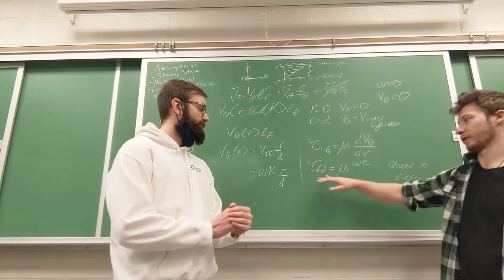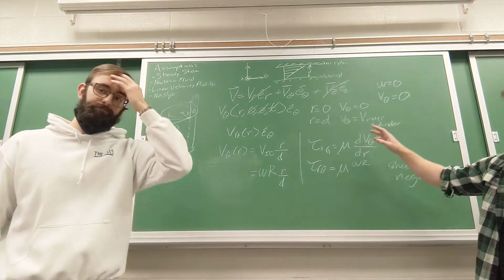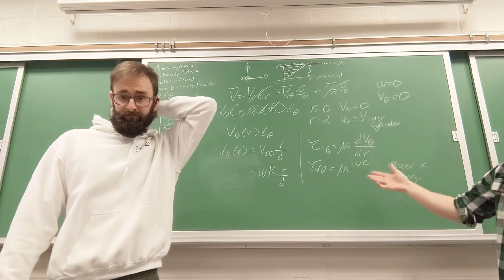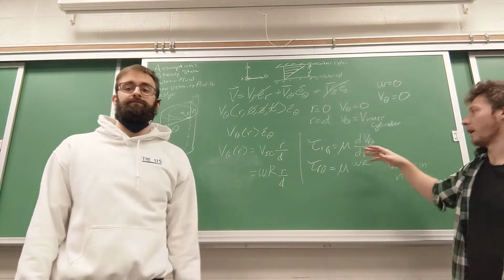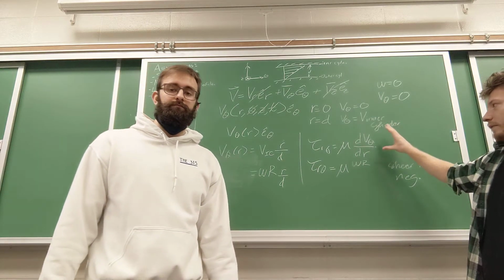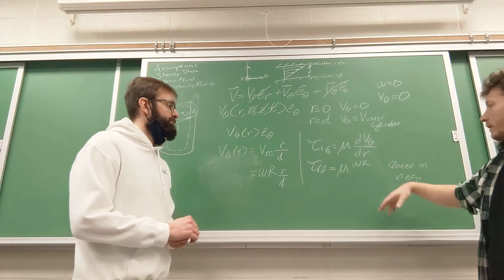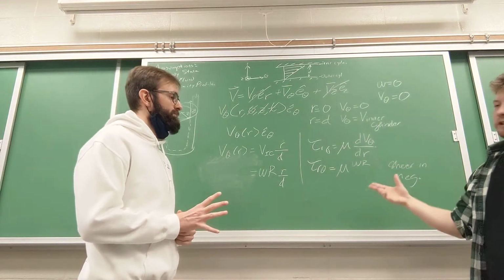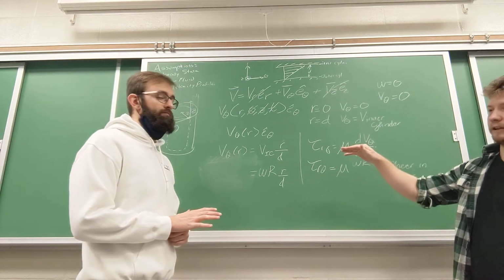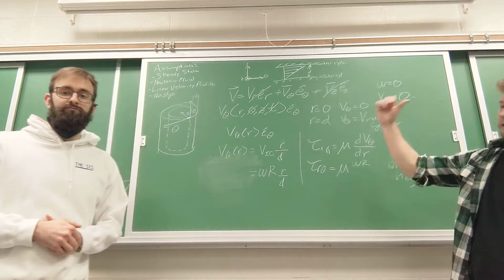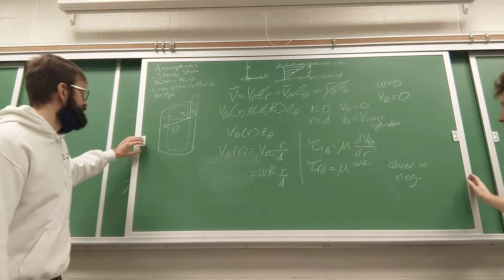So the shear stress in the R theta direction is just the viscosity of what we used, which is glycerin, times the velocity profile there, which is again omega R. And because this is a shear, it's going to be in the negative direction according to the way the velocity profile is moving.